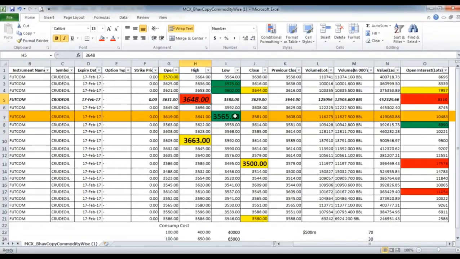These were the two important levels, right? And I said that this is the most difficult example. Why? Because 3570 and the close is 3580, right? Yes or no? It's a 10 rupee range. Where is it closing? 3580.